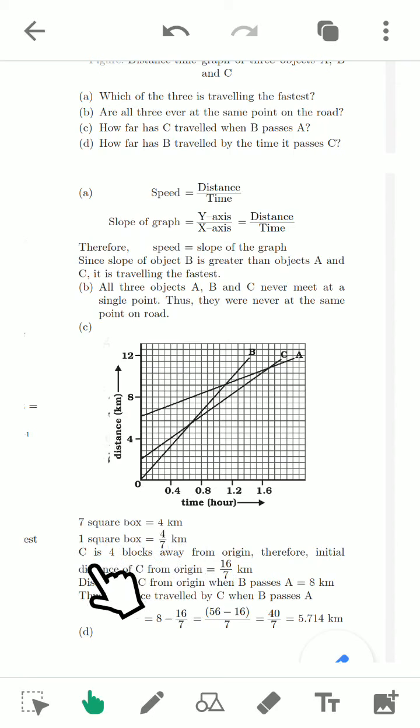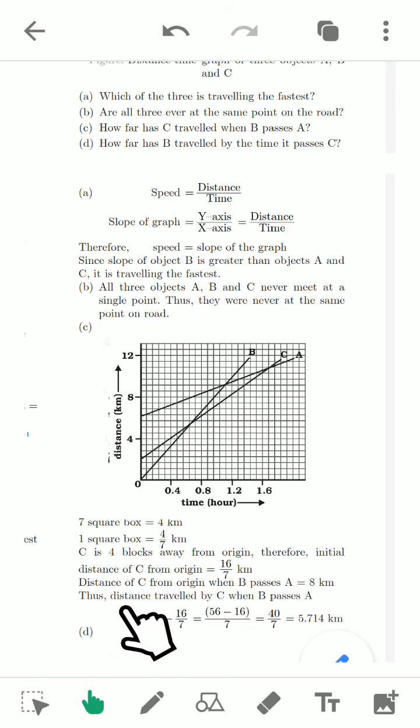Then C is 4 blocks away from the origin. Therefore, the initial distance of C from the origin is 16 by 7, that is 4 into 4 by 7. Then the distance of C from the origin when B passes A is 8 km.